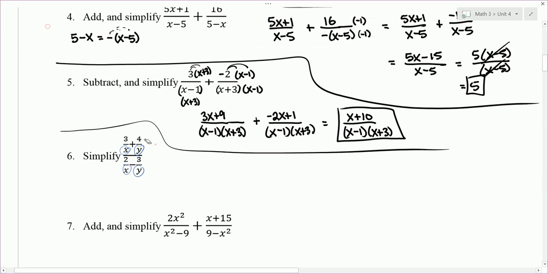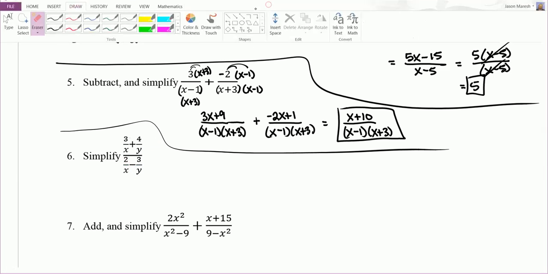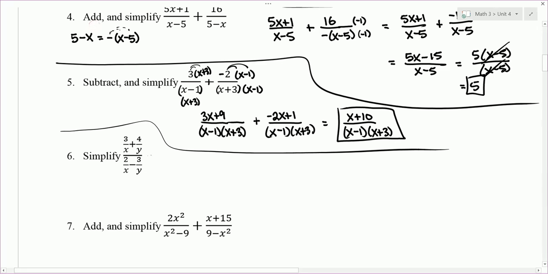So what I'm going to do is I'm going to multiply the top part of the larger fraction by xy and the bottom part by xy, because xy over xy is 1. We don't change the value by doing that.